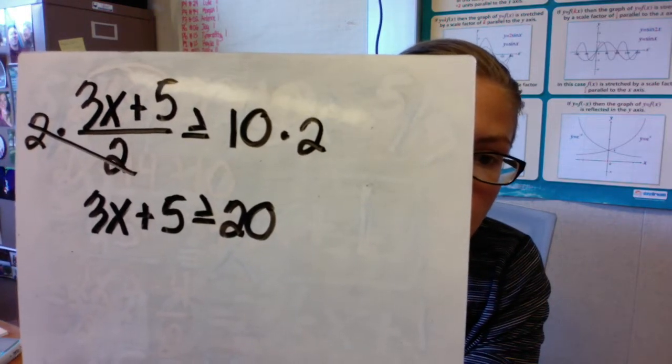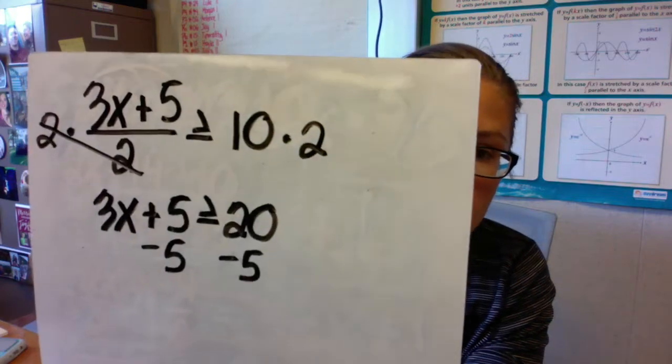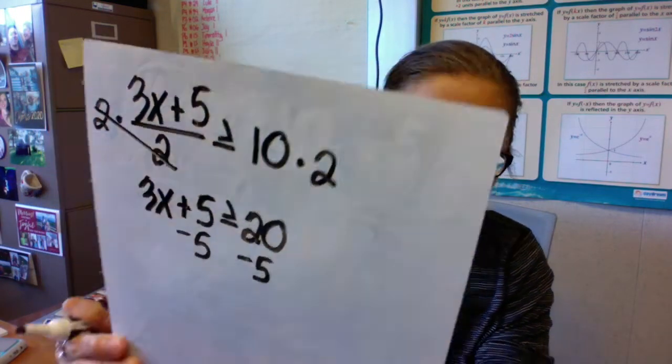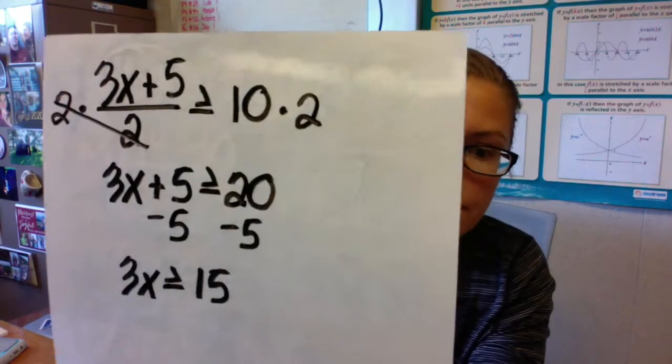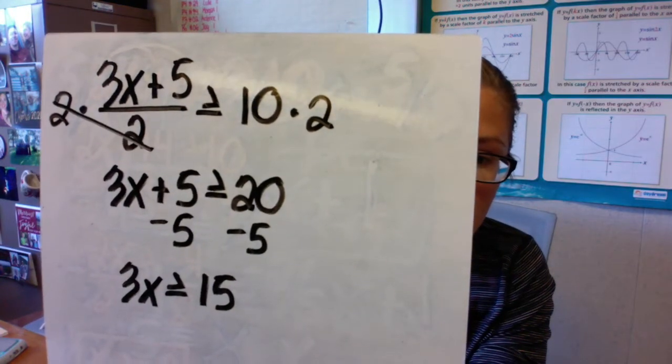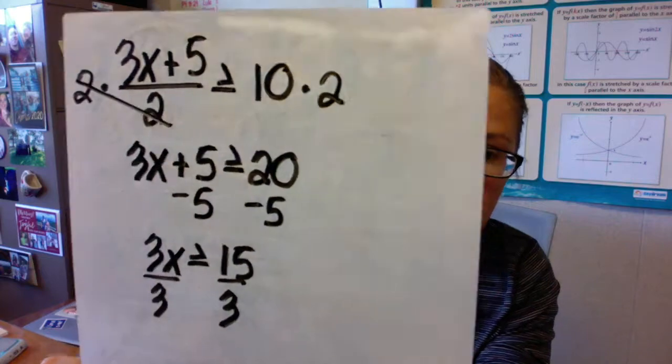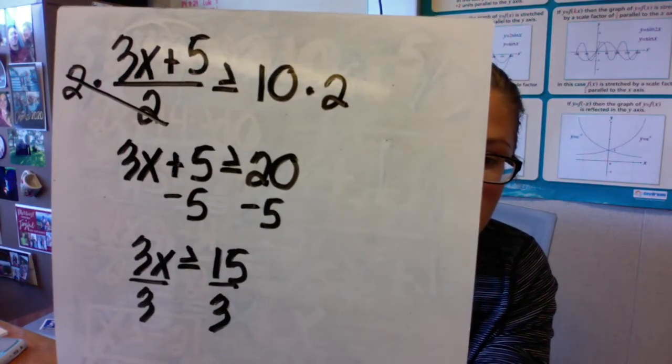Then we're going to subtract 5 from both sides. So we get 3x is greater than or equal to 15. Then divide each side by 3. We get x is greater than or equal to 5.